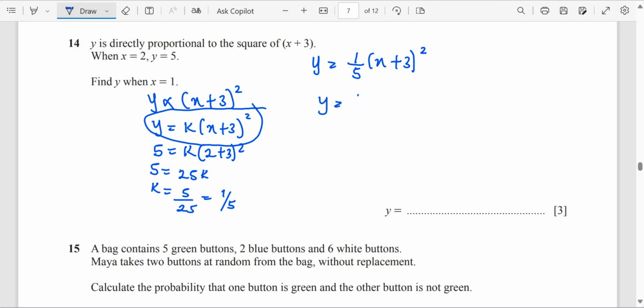So y equals 1 over 5 times (1 plus 3) raised to the power of 2. 1 plus 3 is 4, 4 raised to the power of 2 is 16. That's 16 over 5, or you can change this to decimal, and that is 3.2. So y equals 3.2.